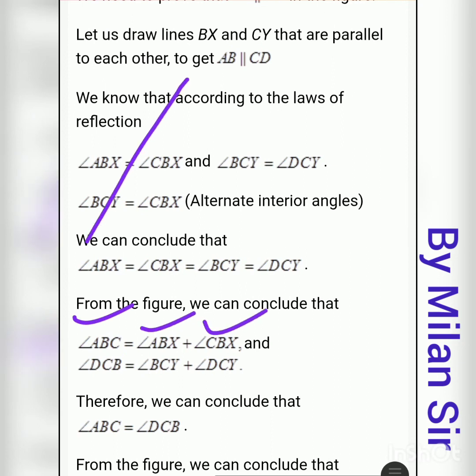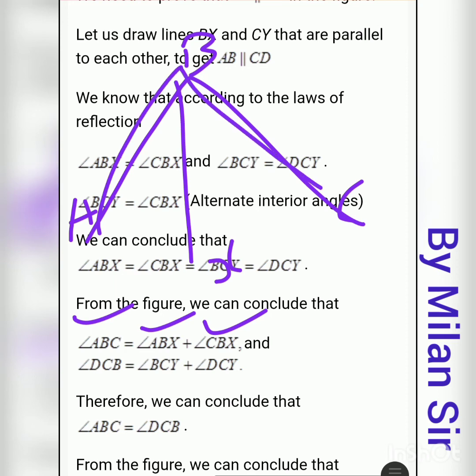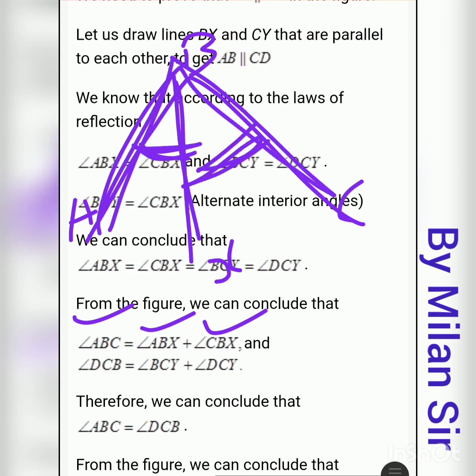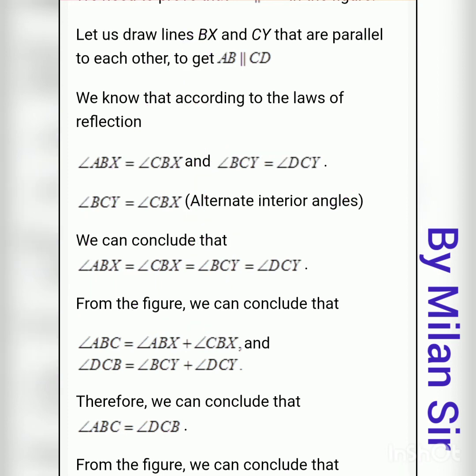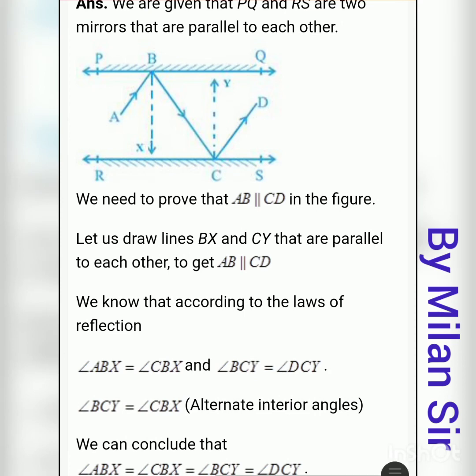We have this type of angle, right? A, B, C and X. So this full angle ABC is the addition of these two small angles, right? This is your ABX and this is your CBX. So ABC is equal to ABX plus CBX. After that, the second angle that we need to consider here is DCB.